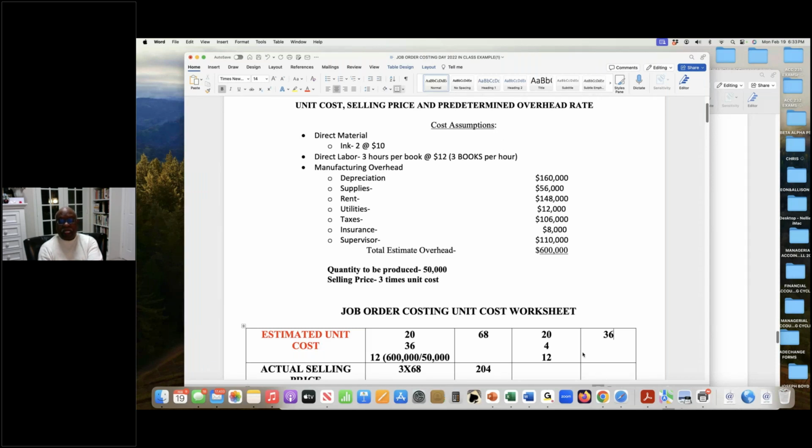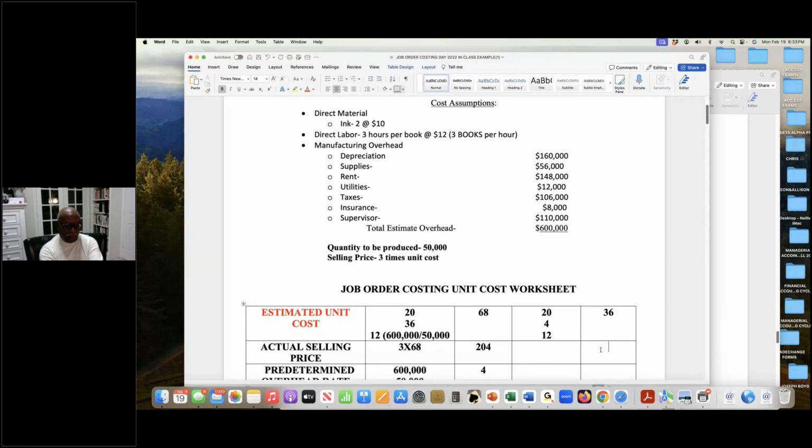And now what is the selling price going to be? 108. So you've got to be able to calculate the appropriate cost so that you can come up with the appropriate selling price.